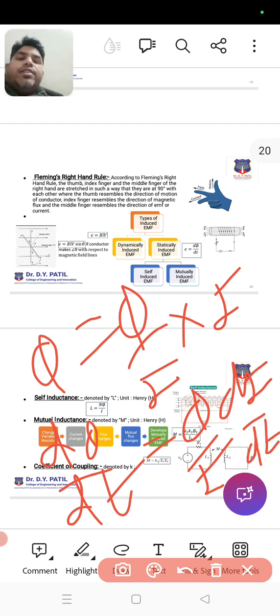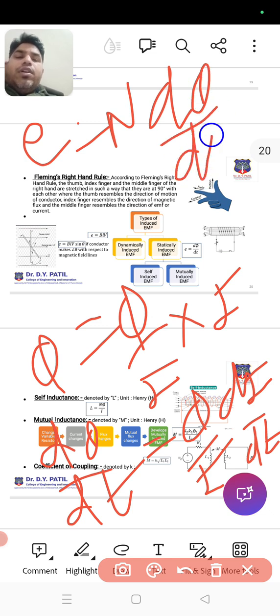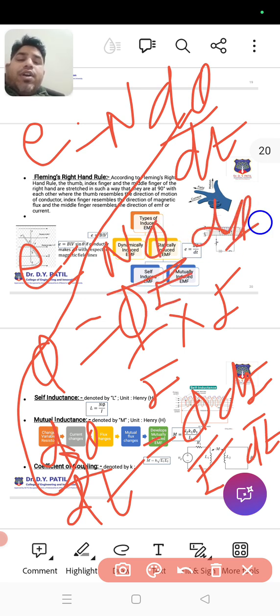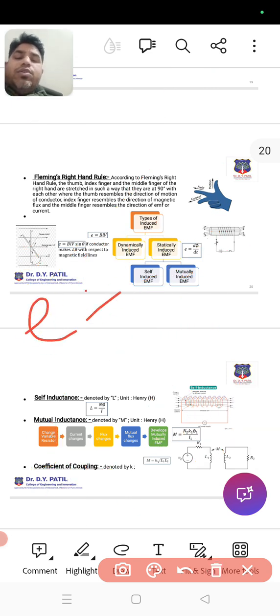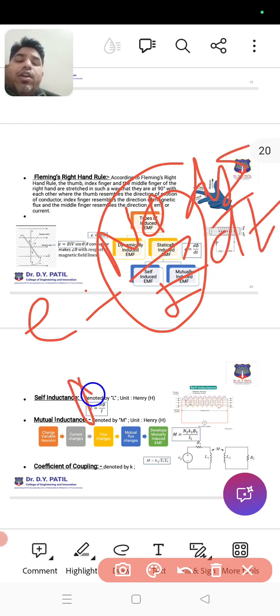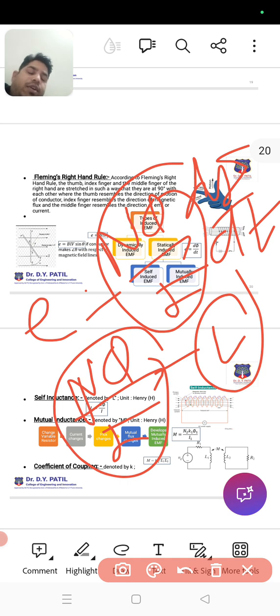As per Faraday's second law, E is equal to n d phi upon dt. So at the end, E is equal to n phi divided by I into di upon dt, where n phi divided by I is denoted by L.